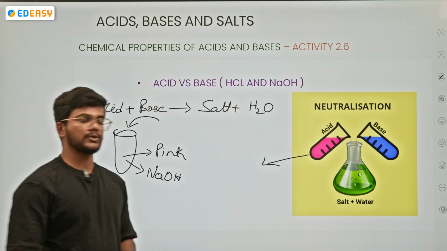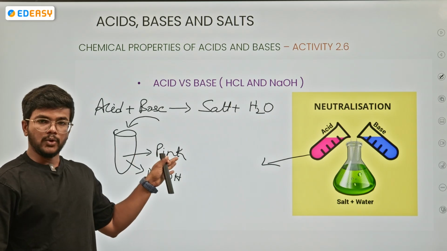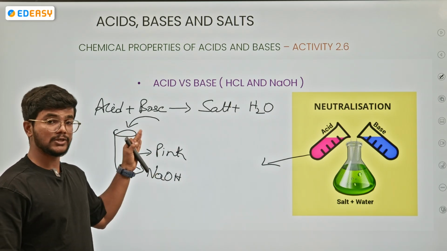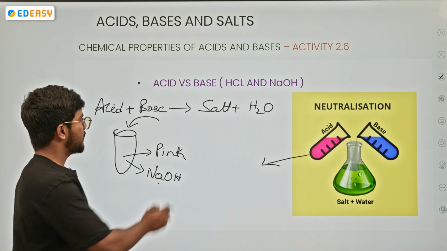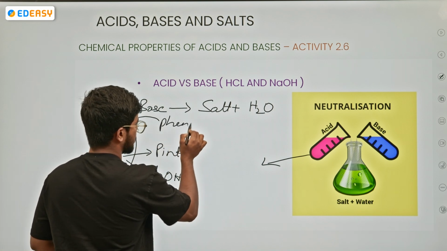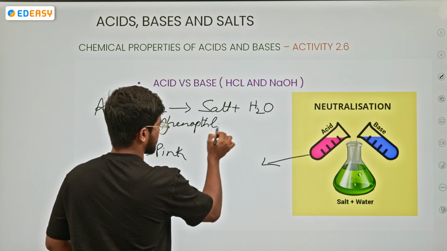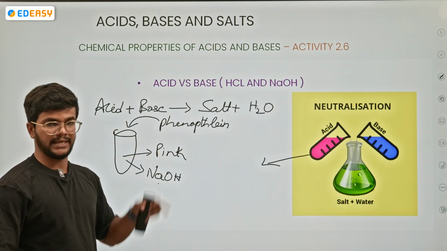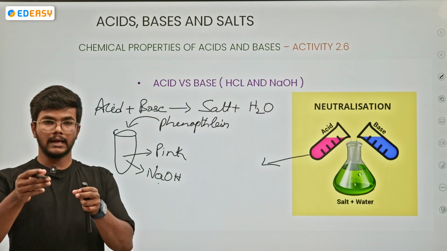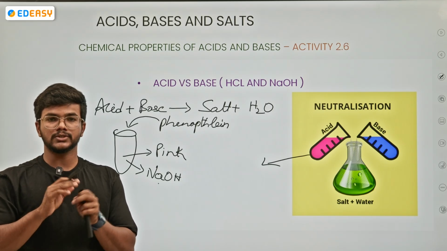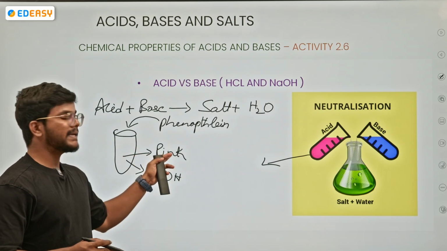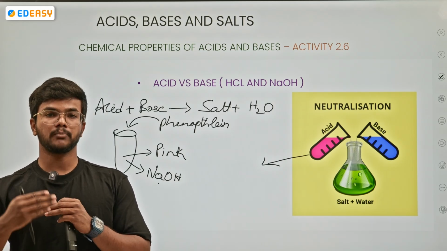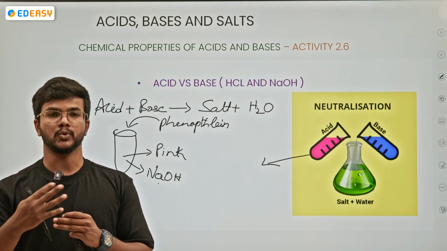This pink color solution is nothing but NaOH with the phenolphthalein indicator. When you add HCl to the solution, gradually the pink color disappears. That means the neutralization point, the neutral point, is approached.